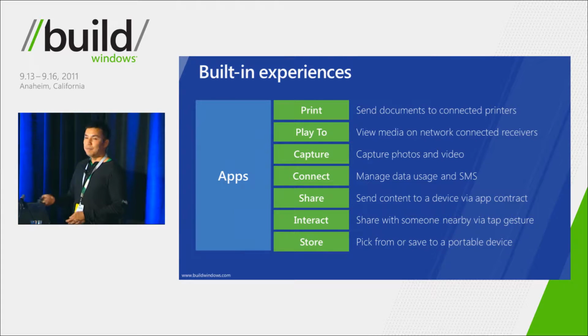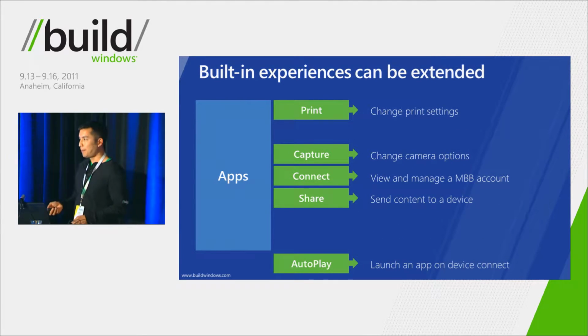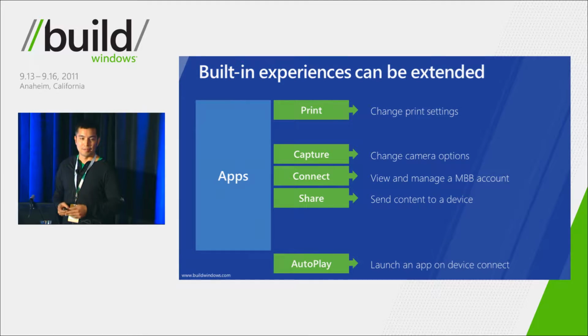Now, from these experiences, partners can extend a number of them. For example, if you're a printer maker, your Metro-style app that goes with your printer can extend the built-in print experience so that you can expose, for example, common settings. If you build a camera, whether it's a built-in webcam or an external one, you can provide custom camera options that plug right into the built-in capture experience.